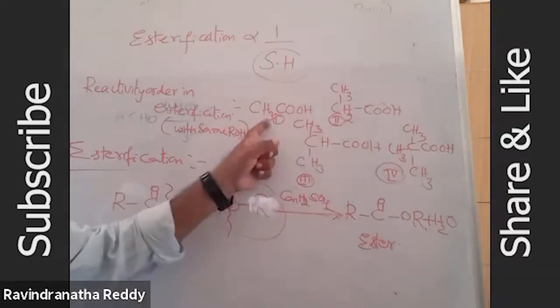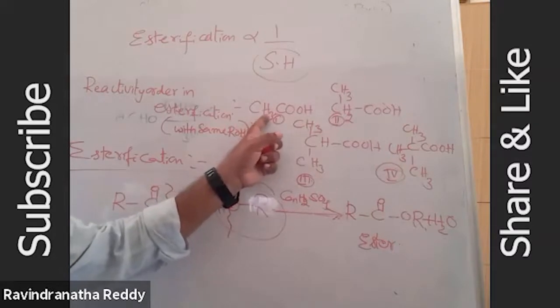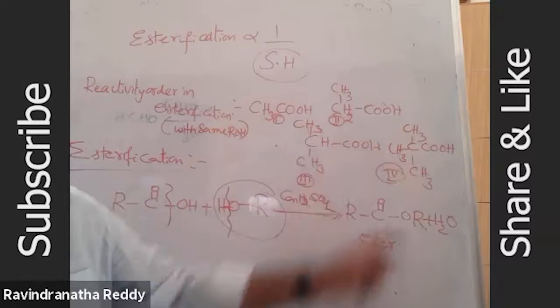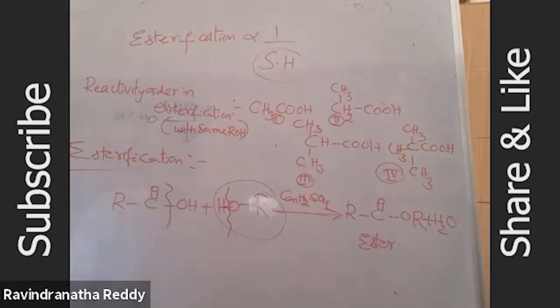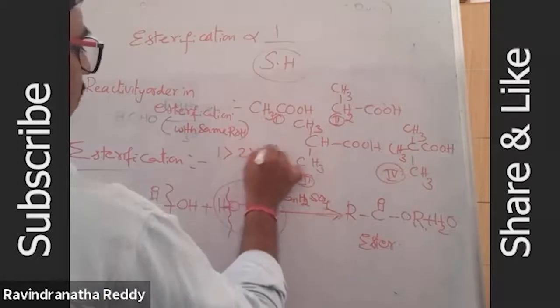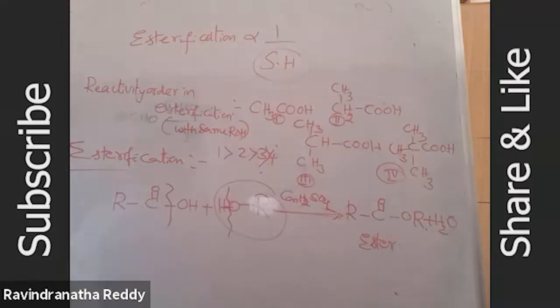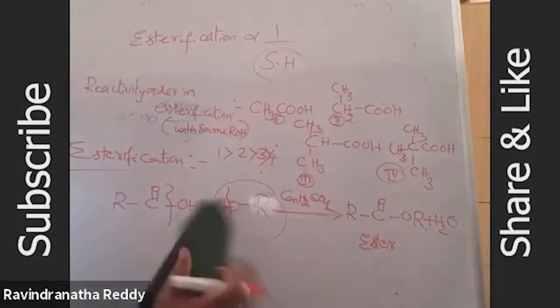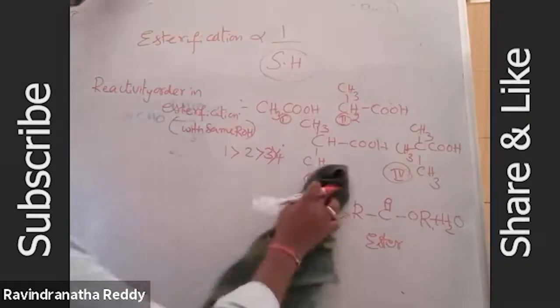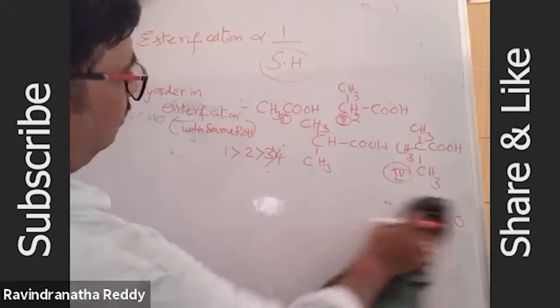The reason is steric hindrance: no bulky groups in the first, one bulky group, two bulky groups, three bulky groups. So 1, 2, 3, 4. Simply remember this formula: esterification is inversely proportional to steric hindrance.